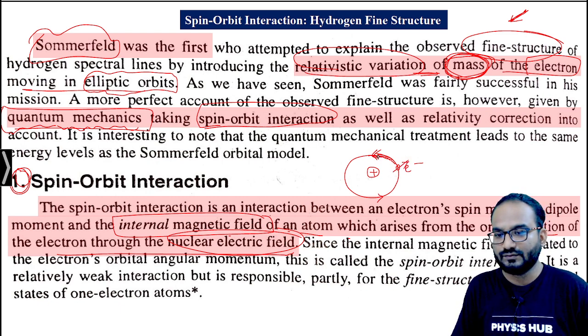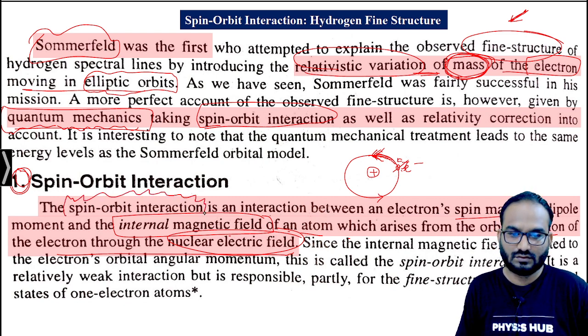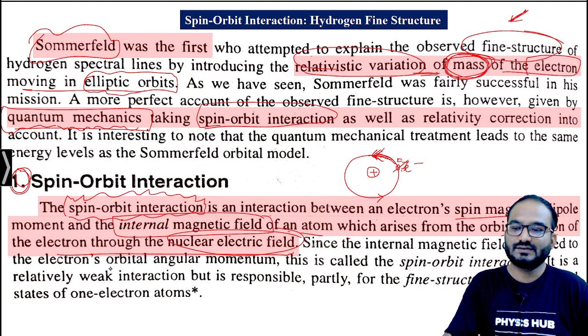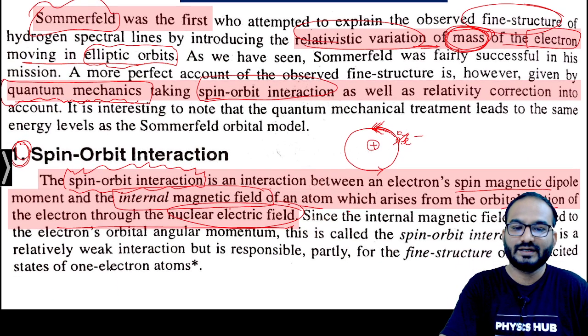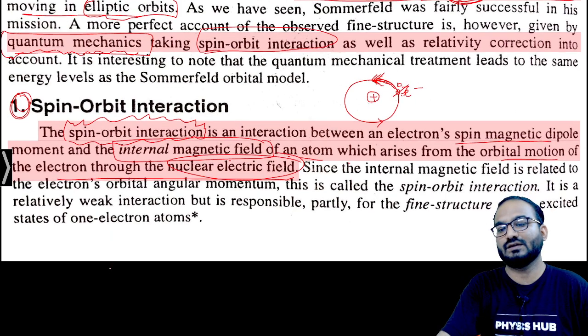In addition to revolving around the nucleus, the electron also shows a spinning motion. This interaction between the internal magnetic field originating from the orbital motion and the spin magnetic dipole moment is called spin orbit interaction.